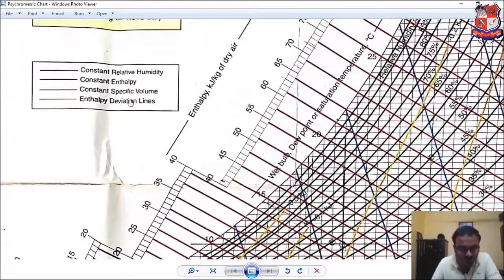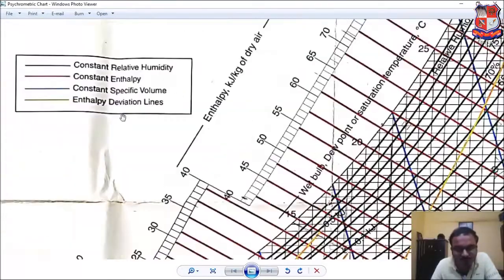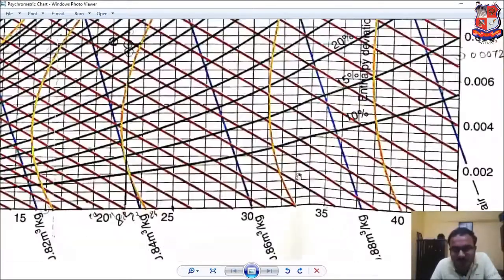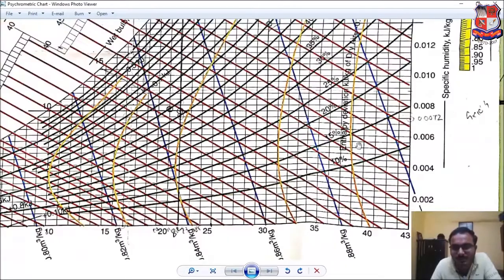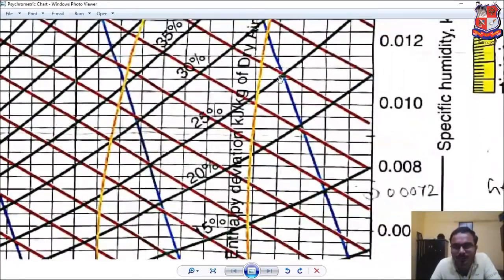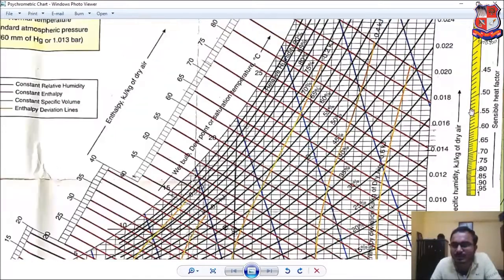And then we have enthalpy deviation lines, which are indicated with this yellow color. And the last is sensible heat factor, which is shown here. We will study this sensible heat factor in a few topics after this.